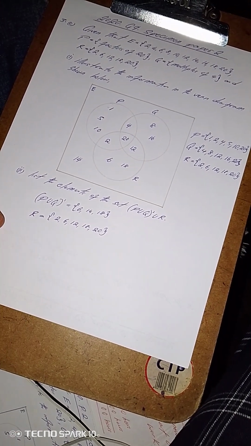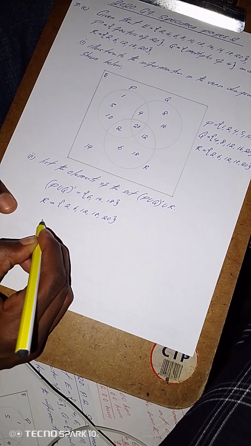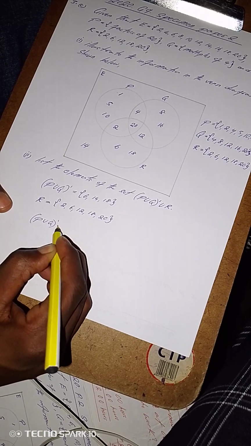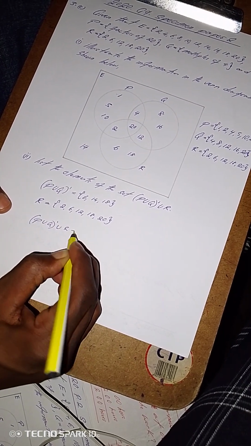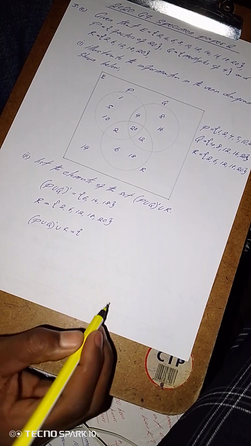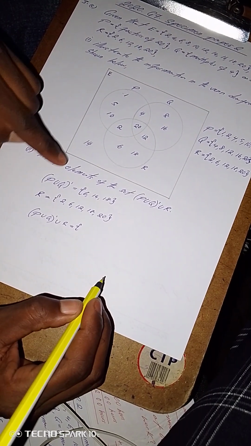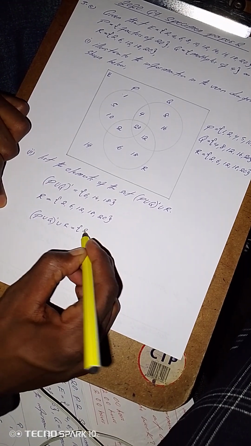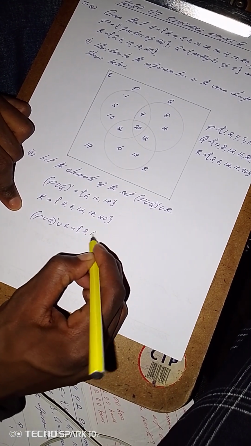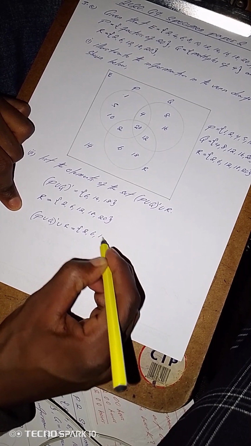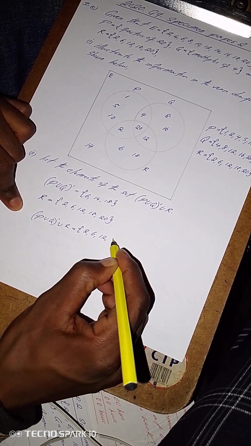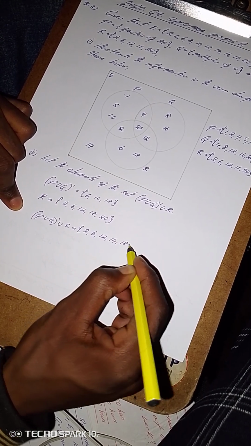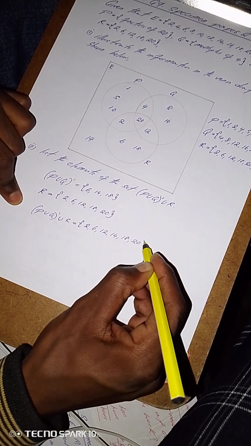So now let's put these things together. Let's answer the question now. P union Q complement union R. So when putting this together, you write the numbers in ascending order. I'll start with 2, and then follow by 6, 12, 14, 18, 20.